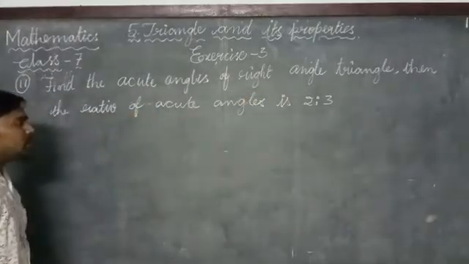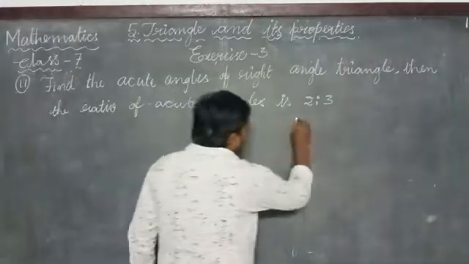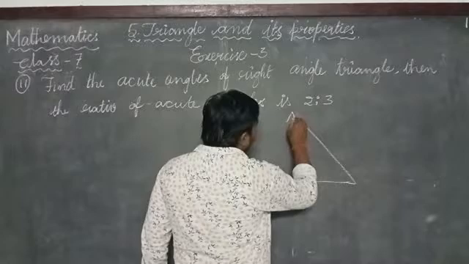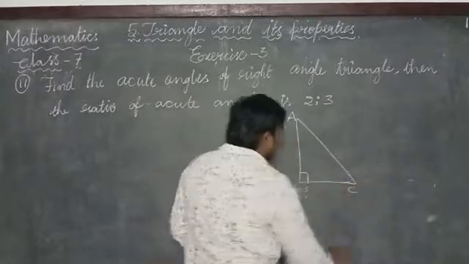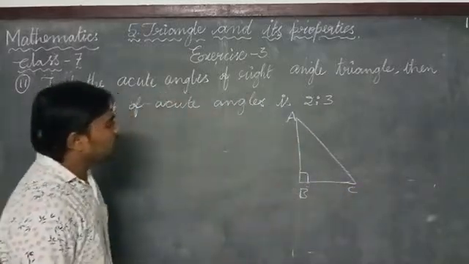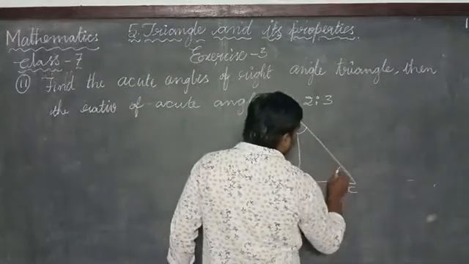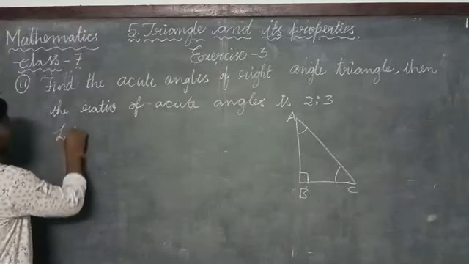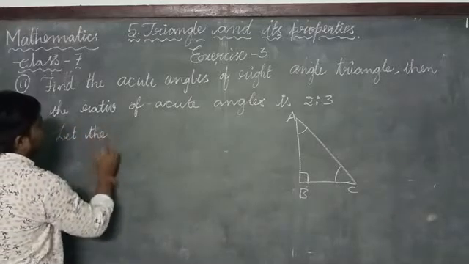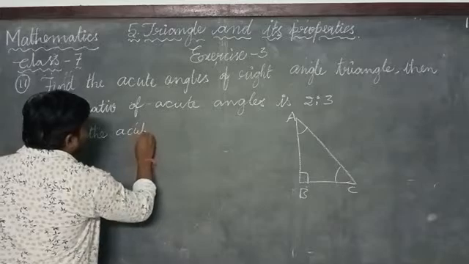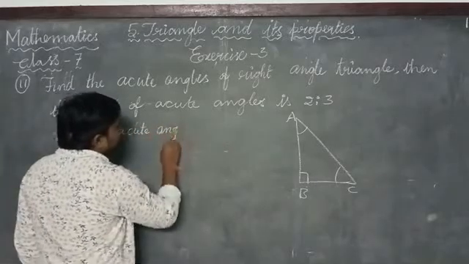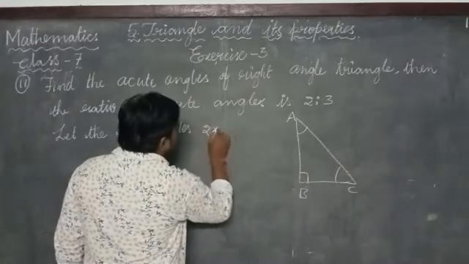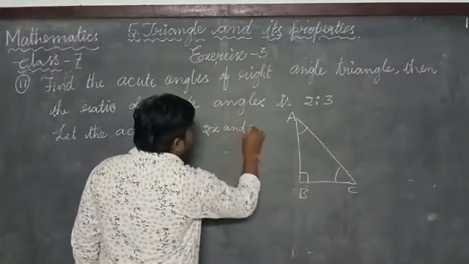Now let us draw the right angle triangle. Let us assume that this is the right angle triangle ABC, and the right angle is at B. Now we have to find angle A and angle C. Let the acute angles be 2x and 3x.